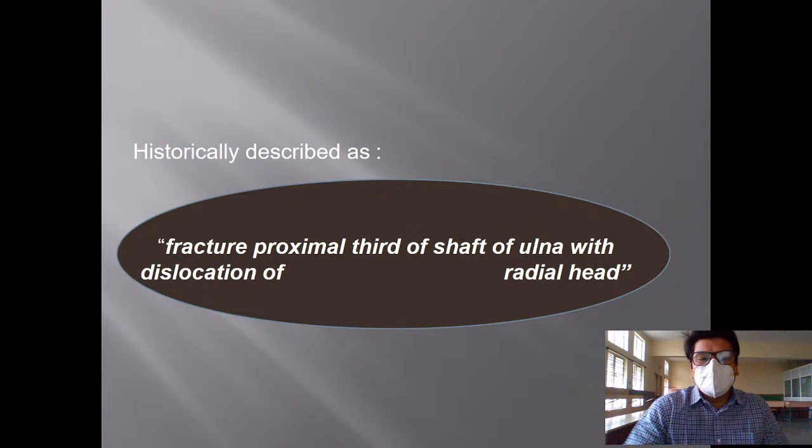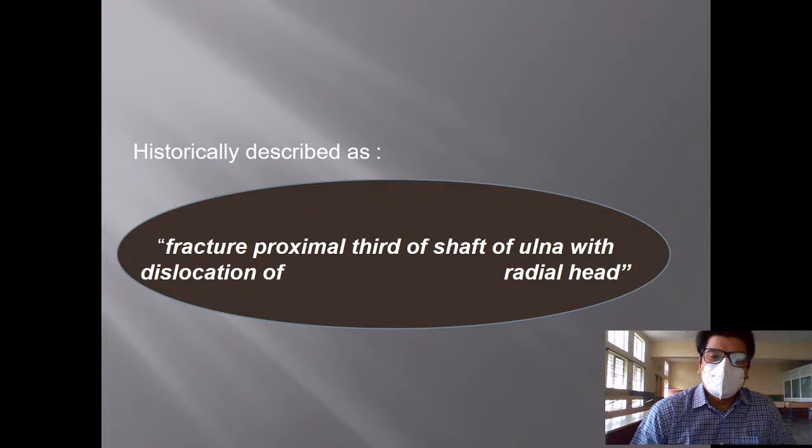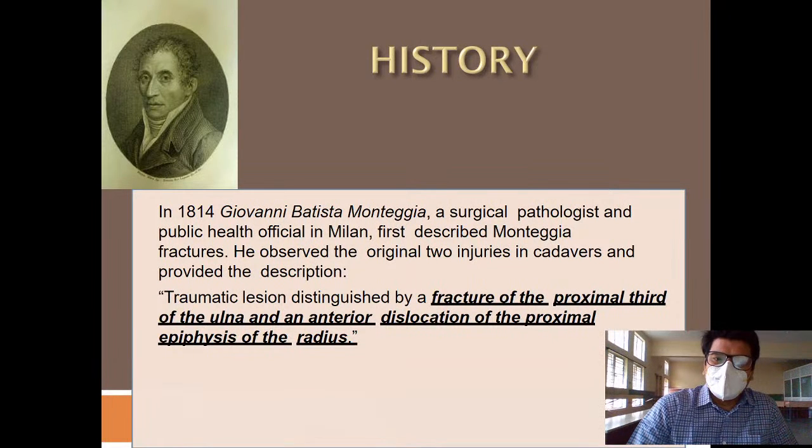Historically, Monteggia fracture dislocation is described as fracture of the proximal third of the shaft of the ulna with dislocation of the radial head. In 1814, Giovanni Battista Monteggia, surgical pathologist and public health official in Milan, Italy, first described Monteggia fractures.